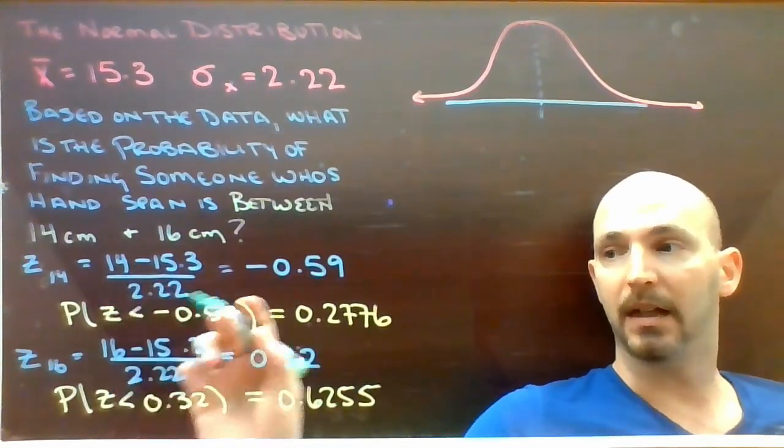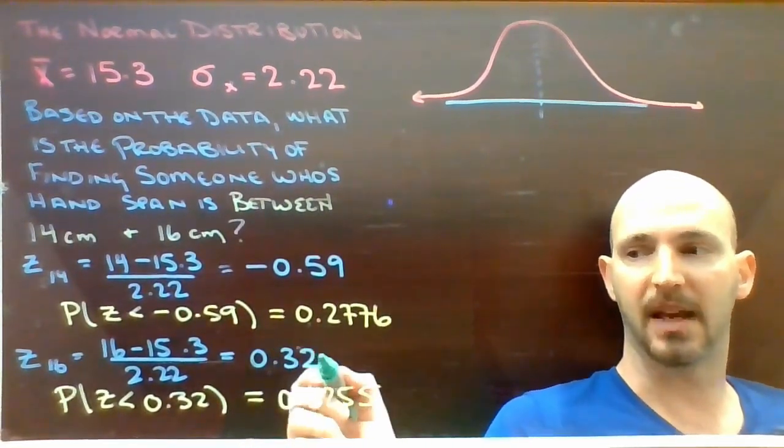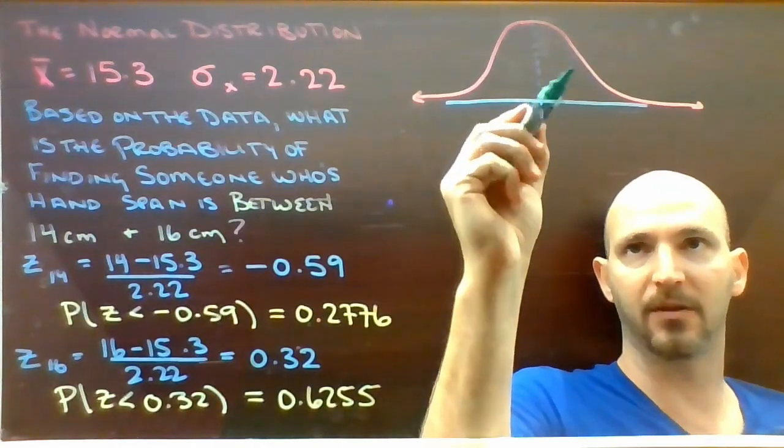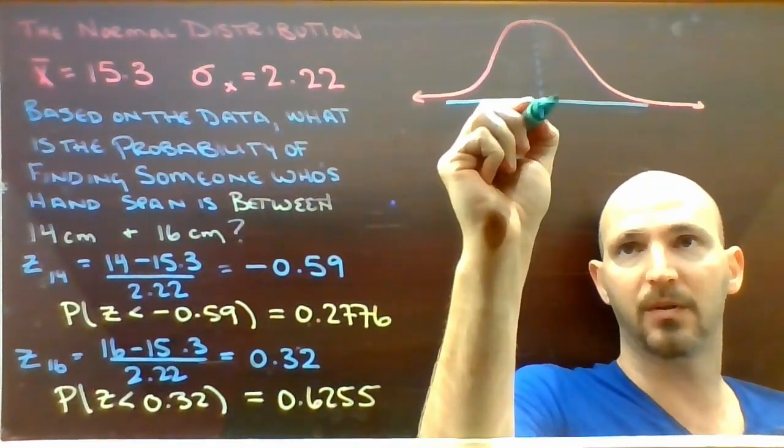The probability of being less than 0.32, a 0.32 z-score means you're 0.32 of a standard deviation. So one standard deviation is about there, 0.32 would be about here.